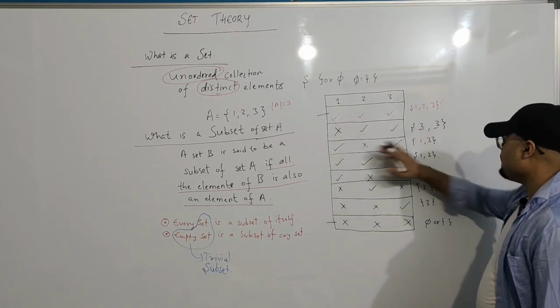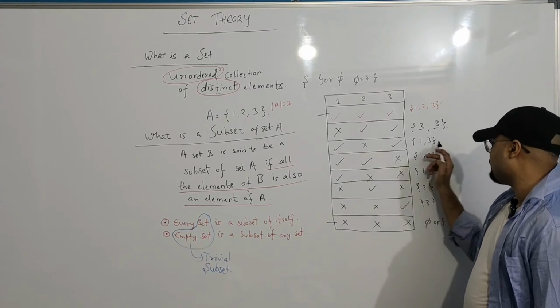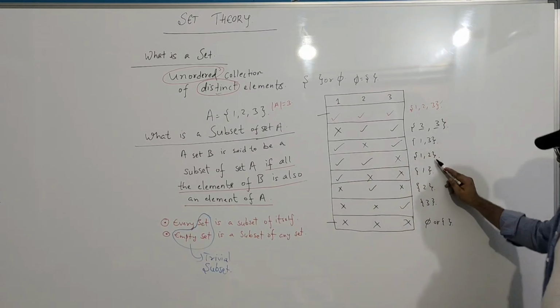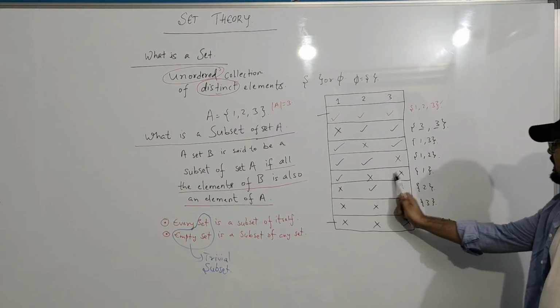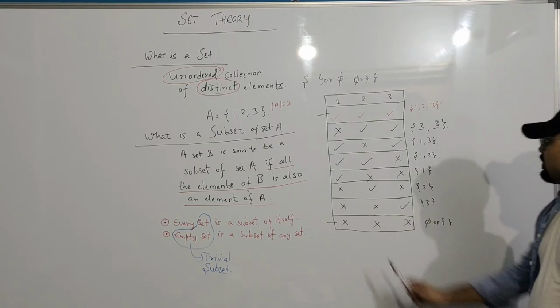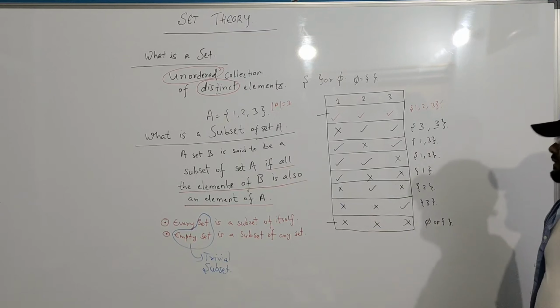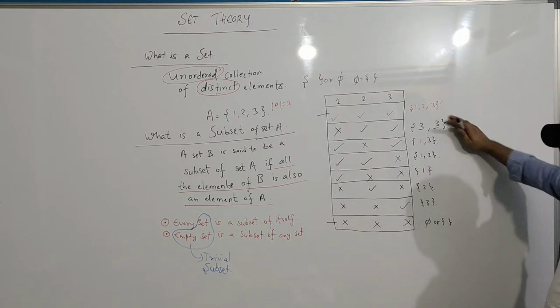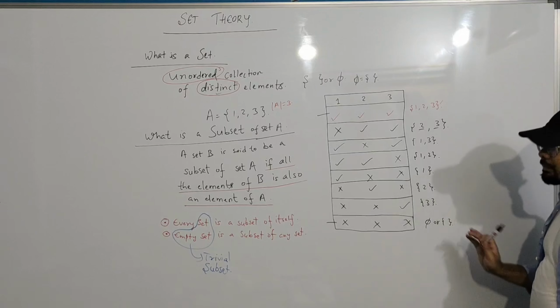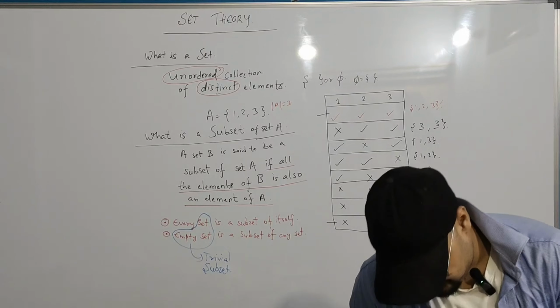Like for this example, 1 is not a part of this subset, or 2 is not, 3 is not, 2 and 3 are not present, 1 and 3 are not present, 1 and 2 are not present in this subset. None of the elements is present in this subset. So all of these subsets are proper subsets. And for proper subsets, how do we represent a proper subset?